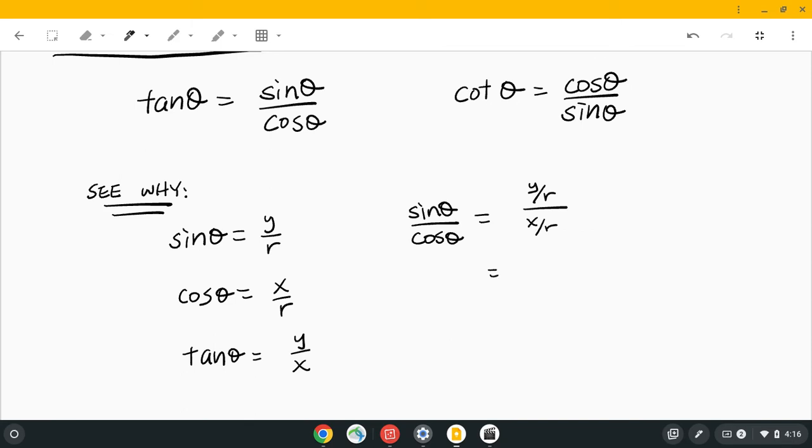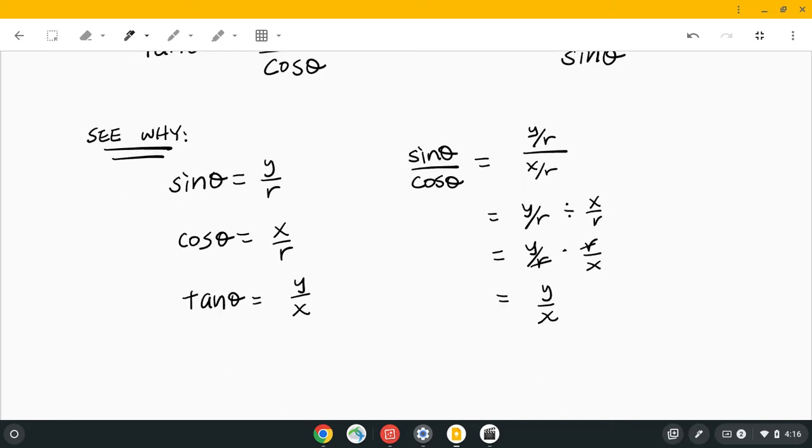One way to look at this is as division, y over r divided by x over r. When we divide, we turn it into multiplication by the reciprocal. Here we can cross cancel the r's, and we get y over x.